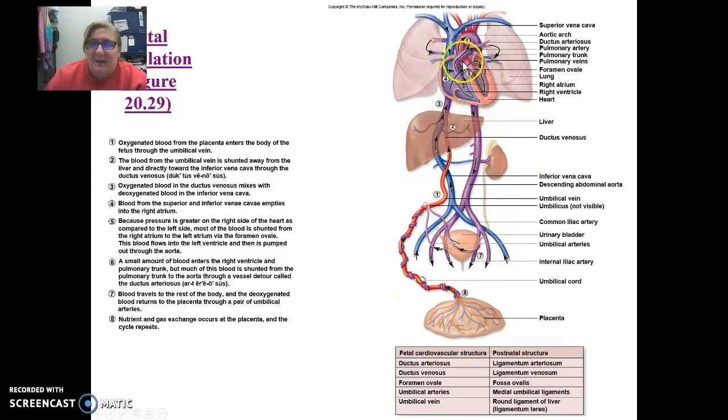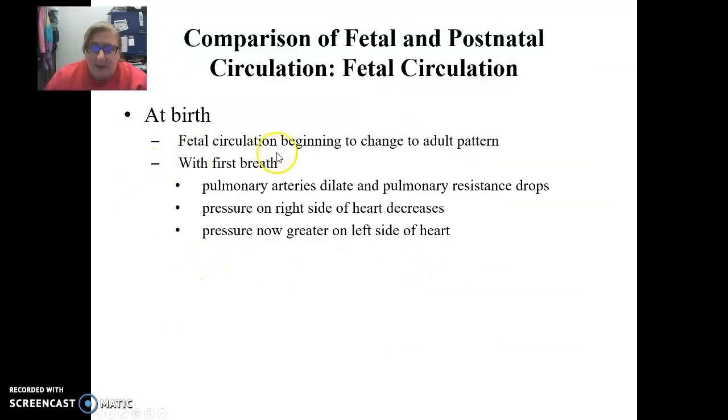And then once the baby is born, this foramen ovale is going to close up within 24 hours. The ductus arteriosus is also going to close up and become a ligament. I just mentioned this, but with the first breath, the change in the pressure in the thoracic cavity is going to cause the foramen ovale to close.